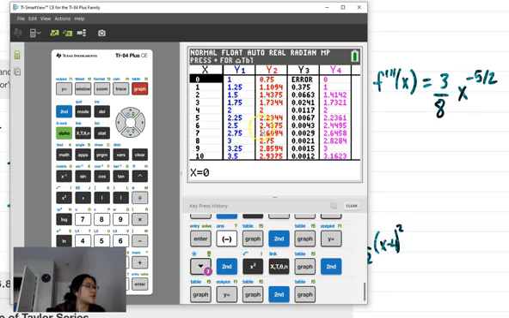So we have at 6, 2.4375 for our approximation with our Taylor polynomial of degree 2. And our actual value, according to our calculator, is 2.4495. And this term evaluated at 4 is 0.0117.